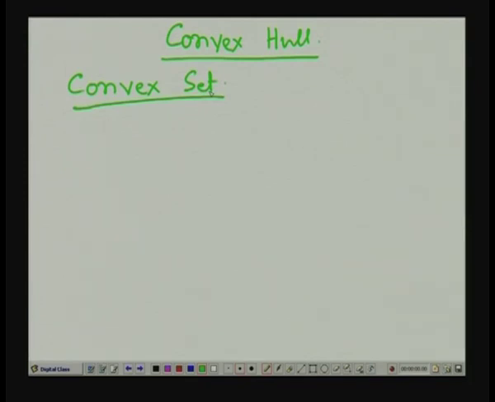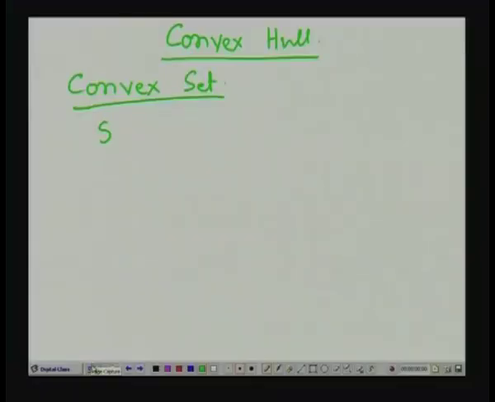A point set S is said to be convex if I take any pair of points in the set S and join a straight line connecting these two points. If all the points lying on this straight line also belong to this particular set S, then we will say that the set S is convex.